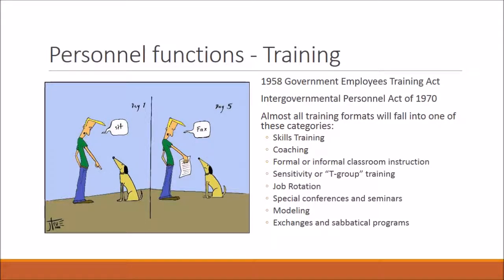A variant of this is being cross-trained, where each job and thus the entire work of an office is learned by each employee. We also have special conferences and seminars, which are meetings of employees or professional groups to discuss and exchange ideas about common processes, problems, and techniques. Modeling, games, and simulation training simulate real-life situations, providing employees with various experiences.